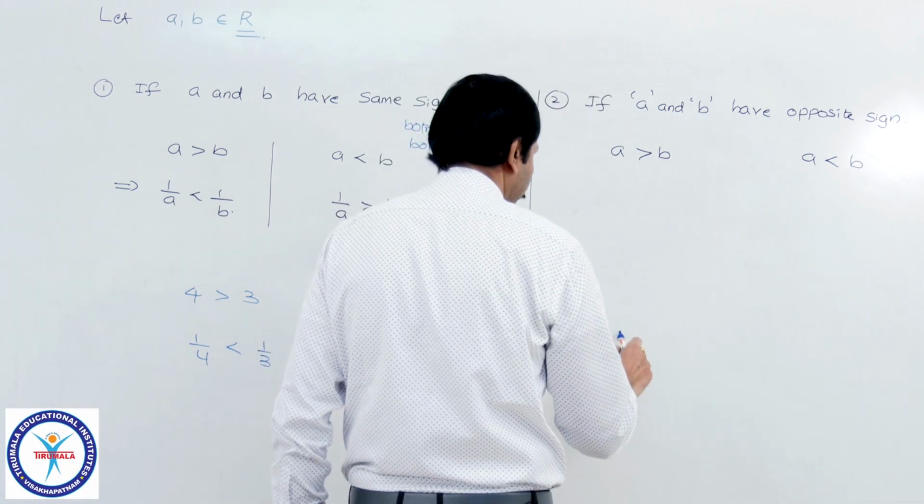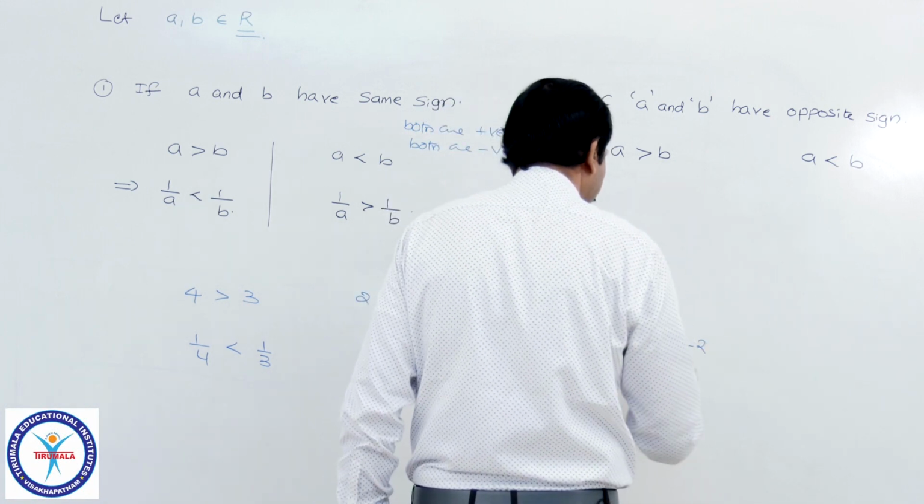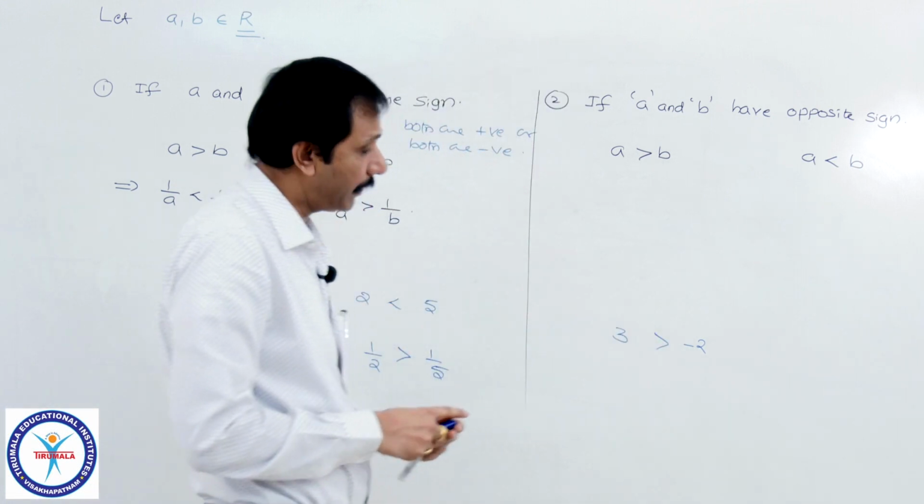First we will see one example. If I take A as 3 and B negative, minus 2, obviously 3 is greater than minus 2.